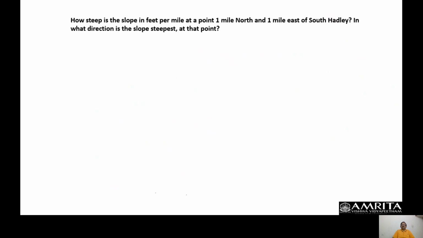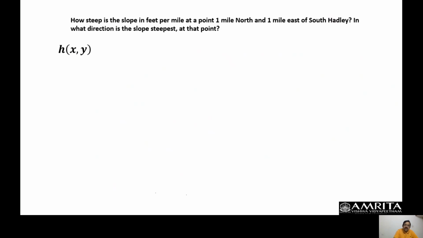This is the slope in feet per mile at a point 1 mile north and 1 mile east of South Hadley. The question is, how steep is the slope? As I told you, the direction of steepest ascent is the direction of the gradient. So I take the del h and substitute x equal to 1, because 1 mile east of South Hadley means it is positive, and y equal to 1.